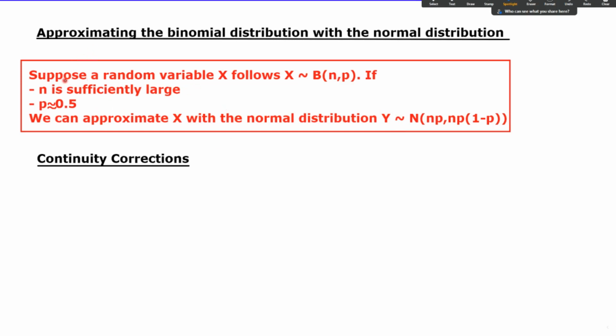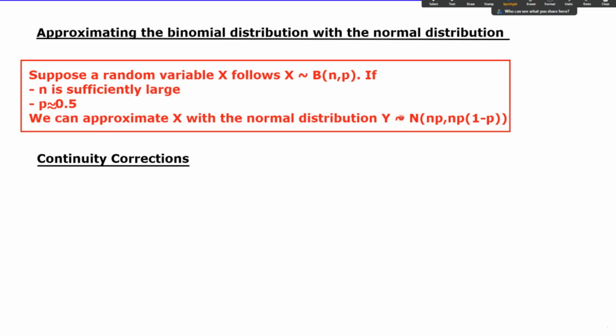Suppose a random variable X follows a binomial distribution with n and p. If these two conditions are true, that is, n is sufficiently large and p is very close to 0.5, we can approximate X with the normal distribution.